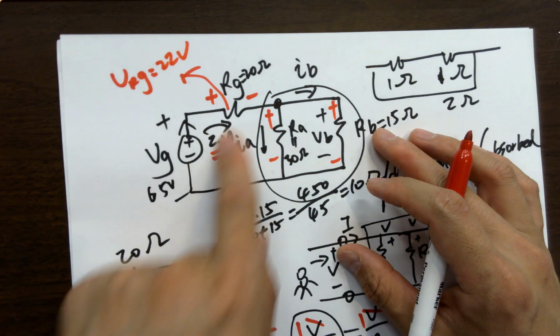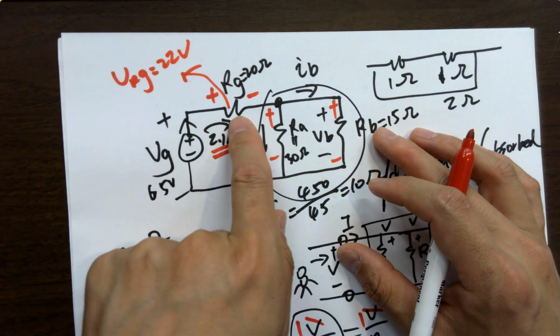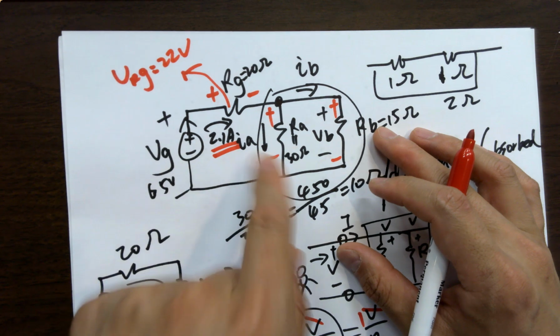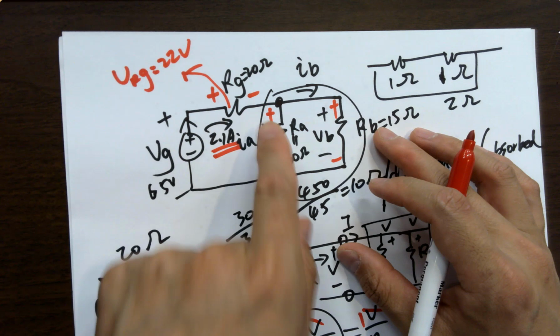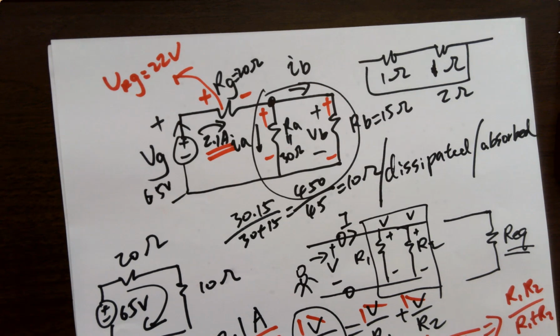Could this drop be bigger than this? Can the drop here be bigger than the source, in this circuit? No other sources, just one source.